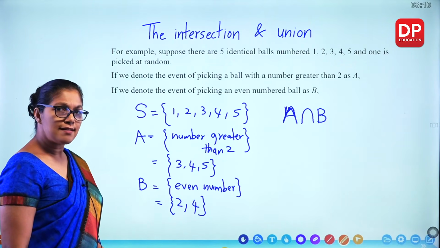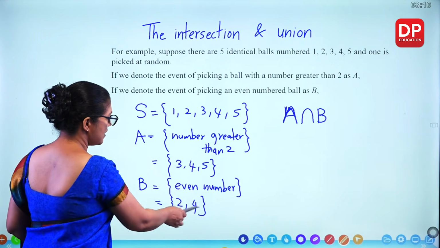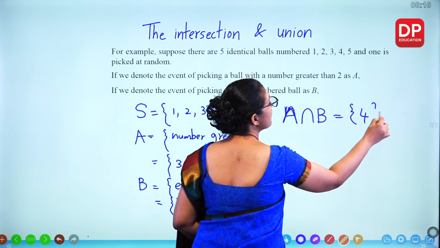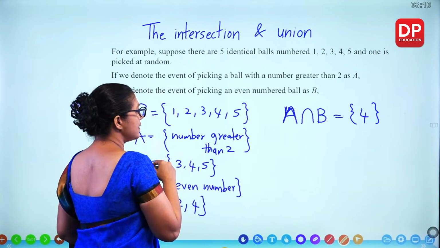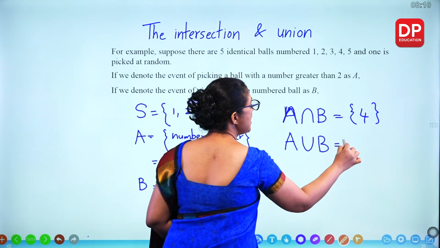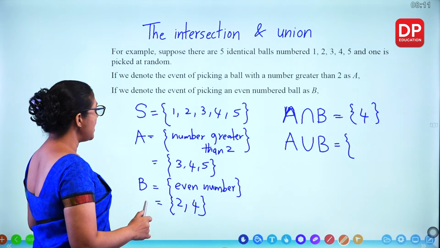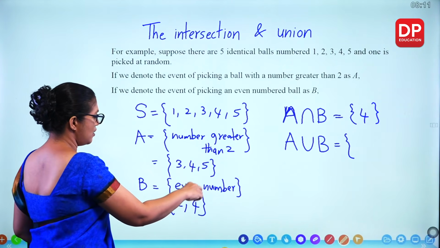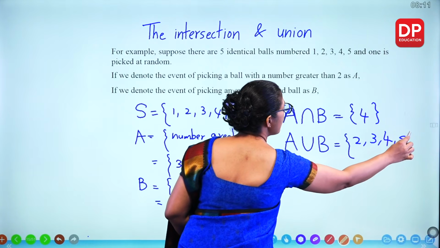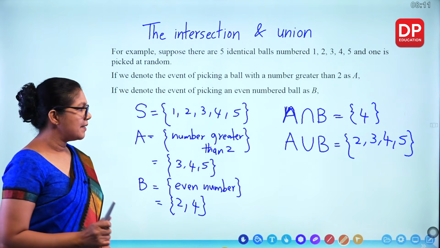What does intersection mean? Common to both A and B. Are there any common outcomes? Yes, 4 is common. Then union. Union means everything in B as well as everything in A. What are the elements in A and B? You get 2, 3, 4, 5. Those are the elements in A union B.